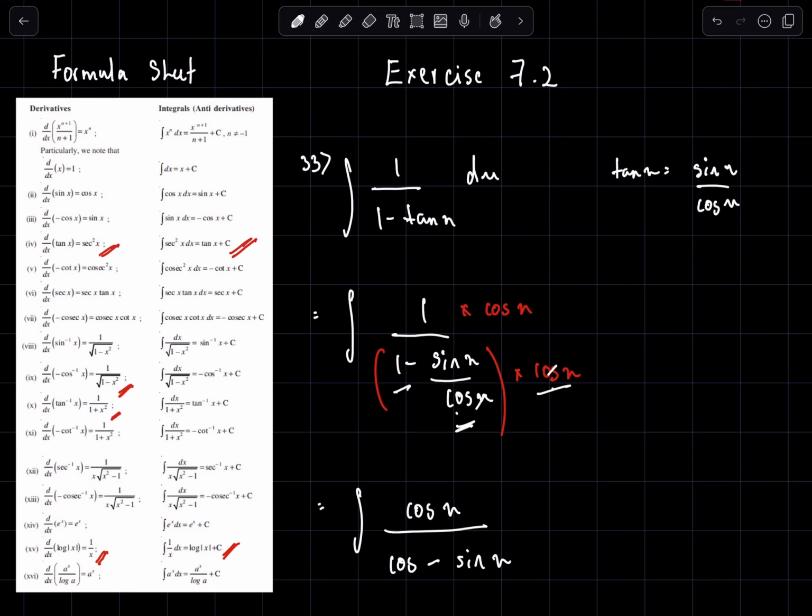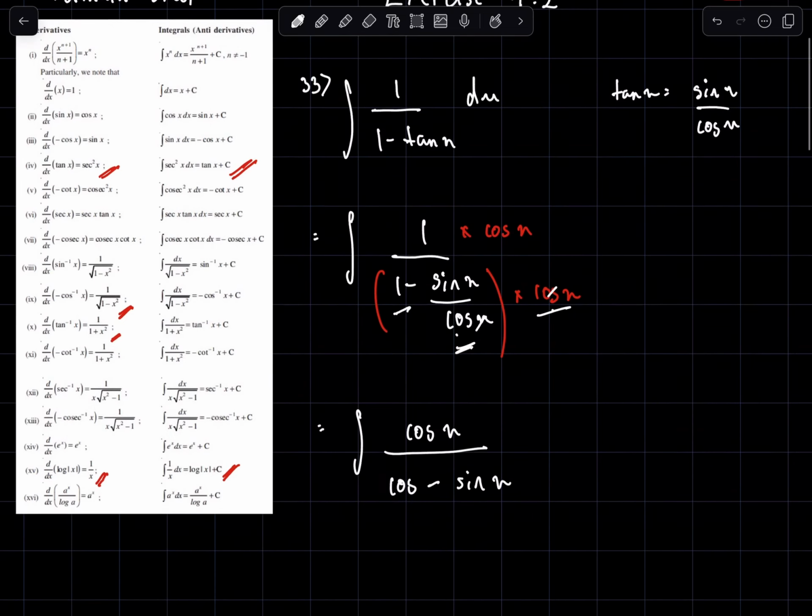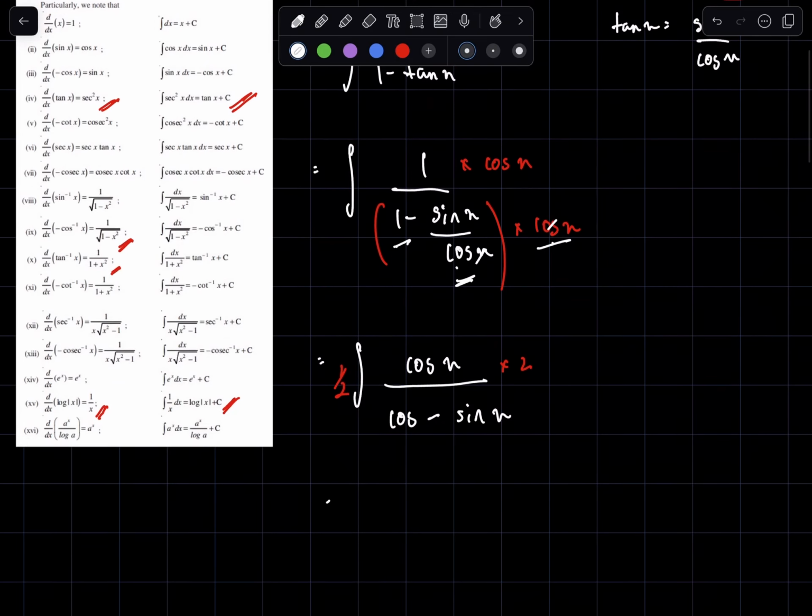So now what do you do over here? Just the same step as before. You want cos of x, so you multiply by 2 and divide by 2. Follow the steps. That's all you have to do, which is equal to half of 2 cos x.